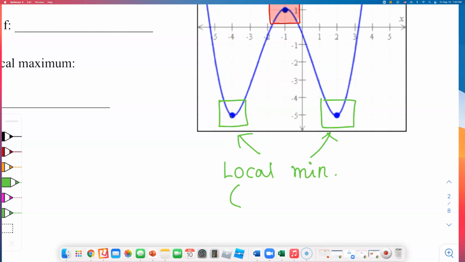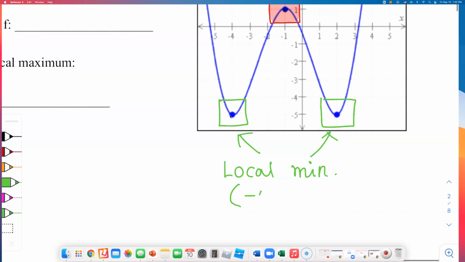So I'll say this is -4, -5. That's the one on the left. And the one on the right, we went 2 to the right and down 5. So the ordered pair is 2, -5.